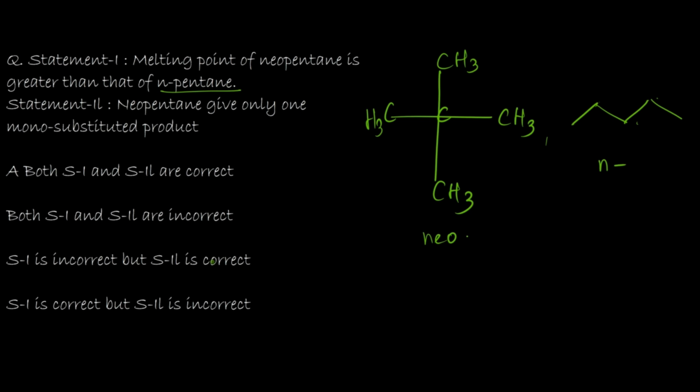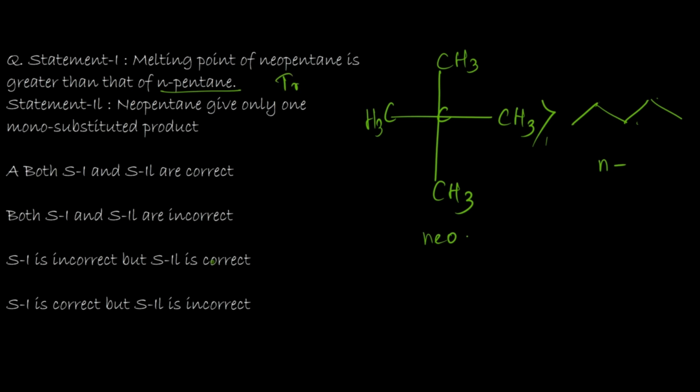We have to compare the melting point. Melting point is dependent first of all on the forces of attraction. Here both are held by van der Waals forces, so that is ruled out. The second factor is majorly dependent on the branching, symmetry. While comparing these two, the more the branching, the higher the melting point. It's just opposite to the boiling point. Don't get confused over there. So neopentane will have a higher melting point than n-pentane.